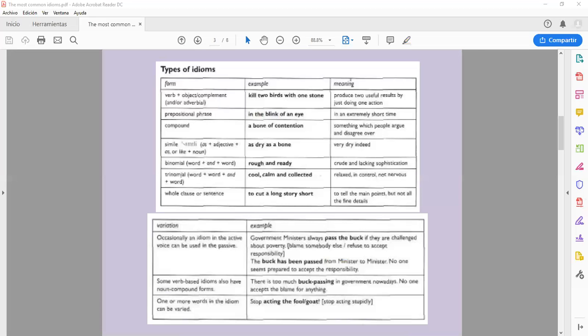Okay, an example. The example is: I go to the high school and my teacher applies an exam, a surprise exam, and I don't study because I rest.